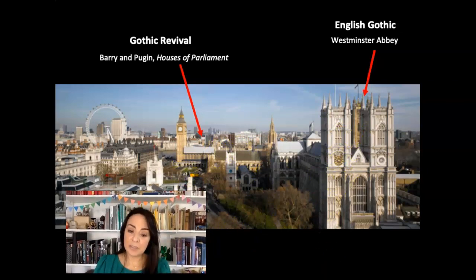Westminster Abbey, built during the Gothic period, is also a source of national identity for the English people because every single monarch of the English throne has been crowned here at this abbey.